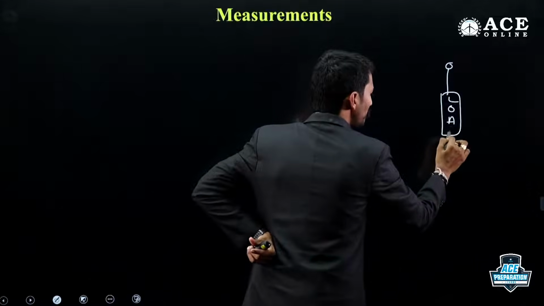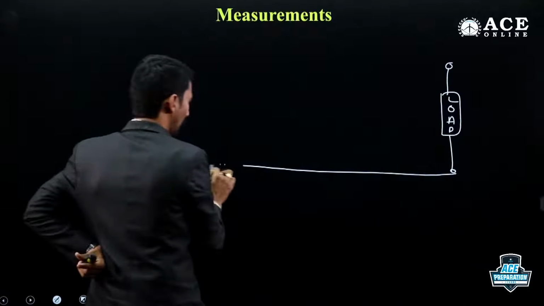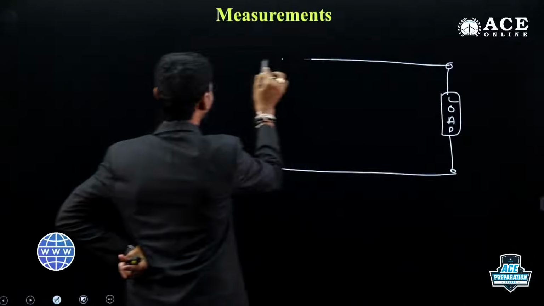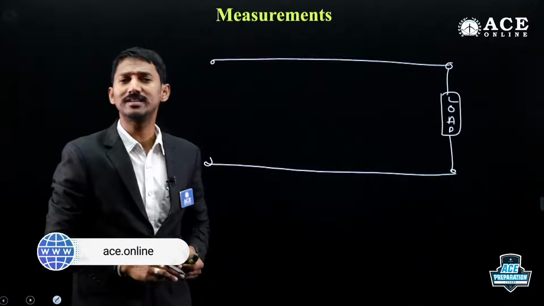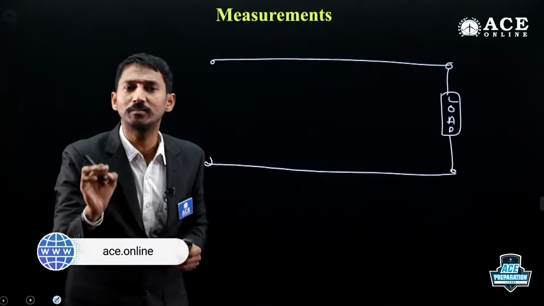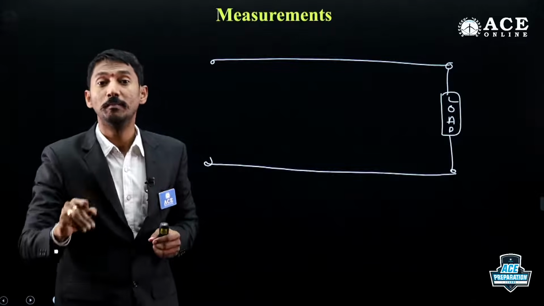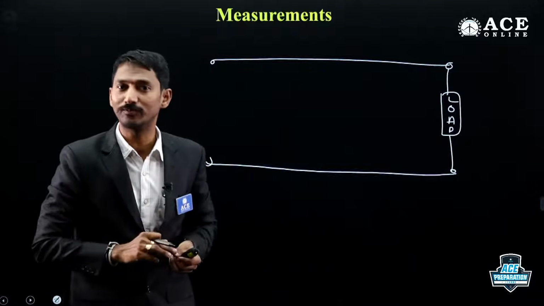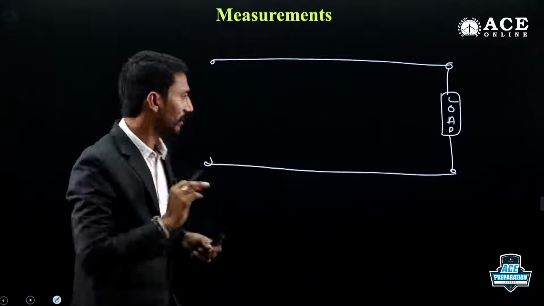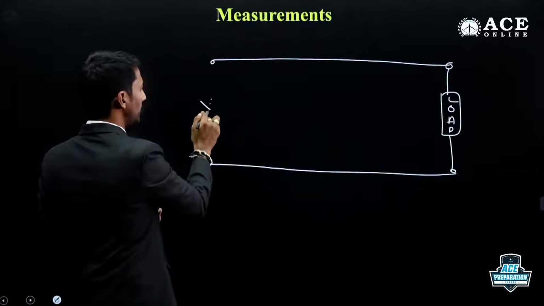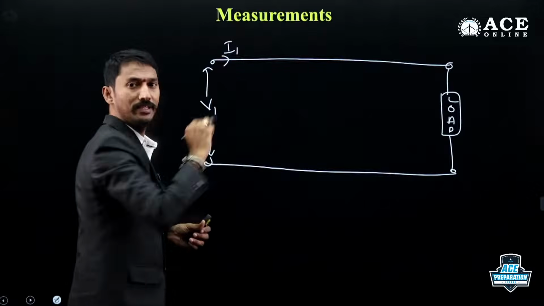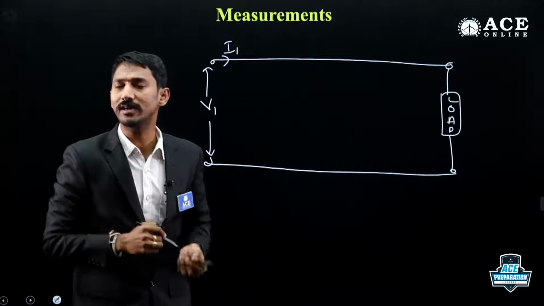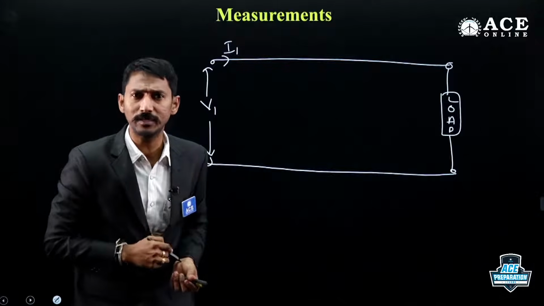Now, the line is like this, a high capacity line. Everyone knows that current transformers or potential transformers, nothing but instrument transformers, are used for measurement of high values of voltage and current. A large value of voltage or a large value of current is there.